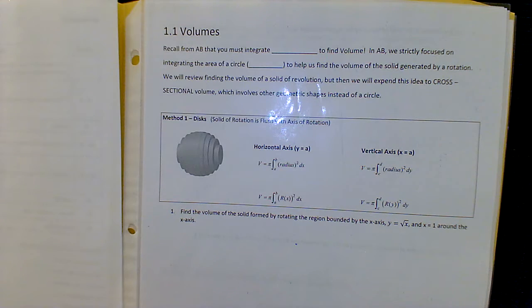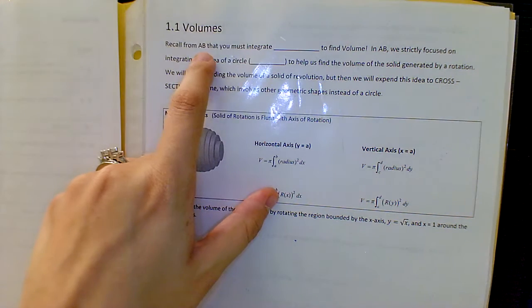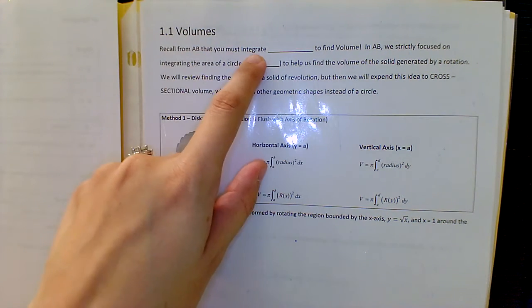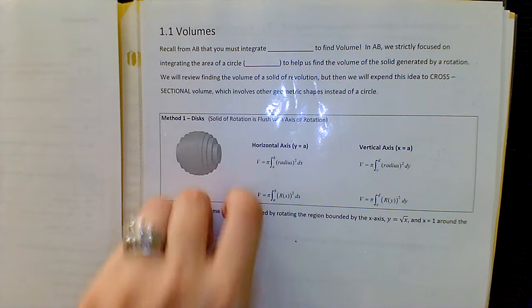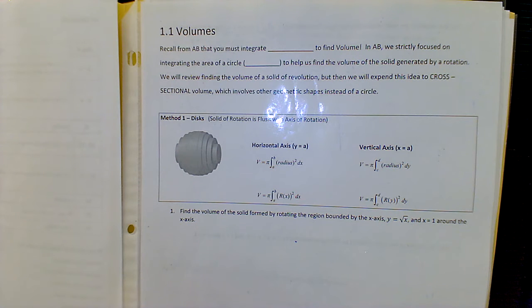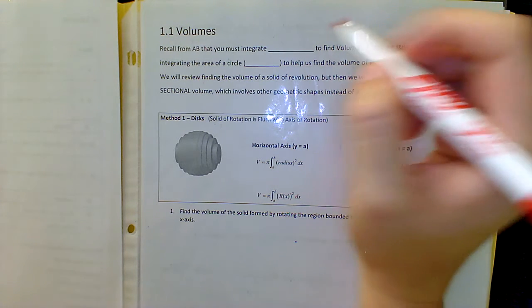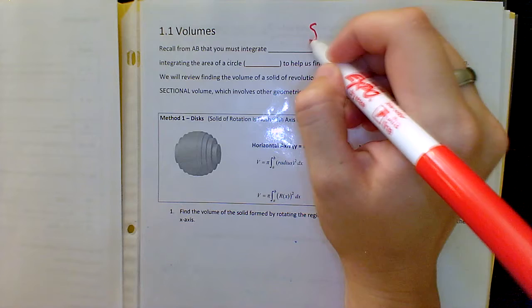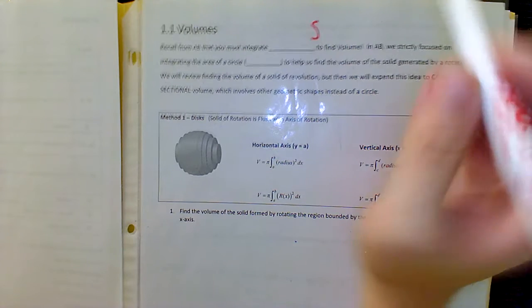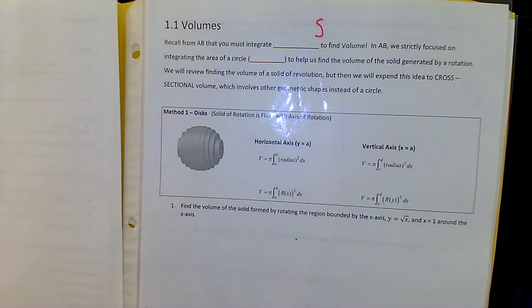If we recall from AB, what must you integrate to find volume? Any ideas? What does that little integrate symbol mean? It represents antiderivative, right, in terms of an equation.